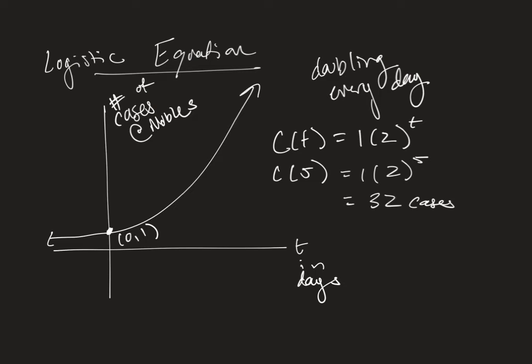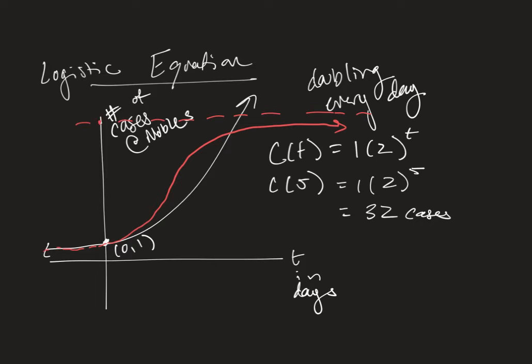But what actually happens is we start with our case and we increase, and then we're actually going to get to a flattening off point. There's only so many people that work at Nobles or go to Nobles or are at Nobles. We have a maximum capacity.